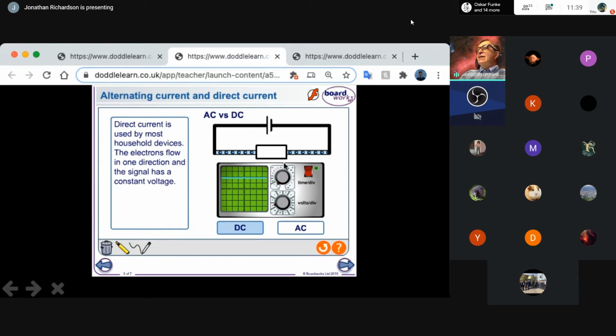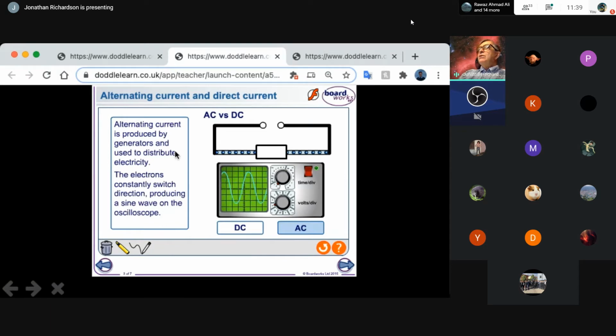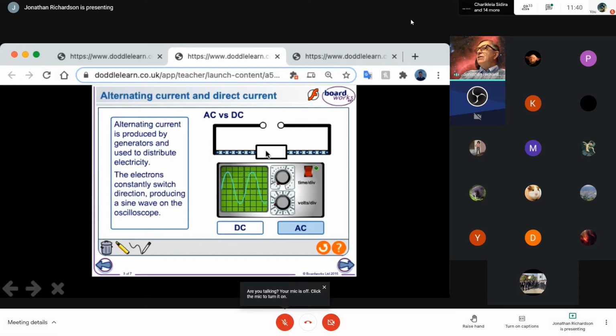Let's now consider what will happen with an alternating current. What you can see now, an alternating current is what we just produced using that induced EMF, that voltage that was produced by induction, moving a coil through a magnet, which causes a current to be induced. And what you can see on here, this time, the electrons are moving not in one direction, but backwards and forwards.